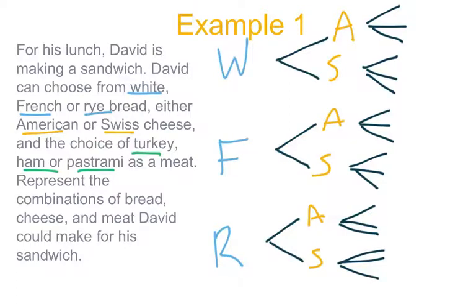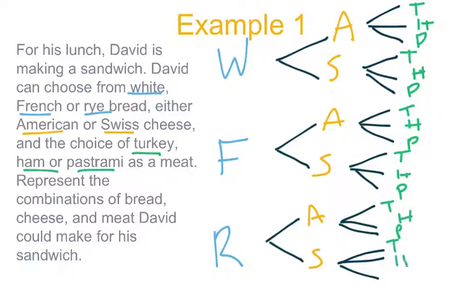All right, so if I were to write those, I'm just going to use T, H, P, aka turkey, ham, pastrami. All right, so we have just listed out all the combinations. So this is what the answer would be to turn in.